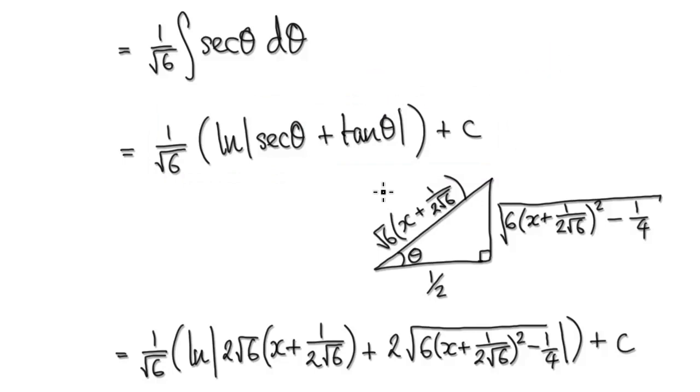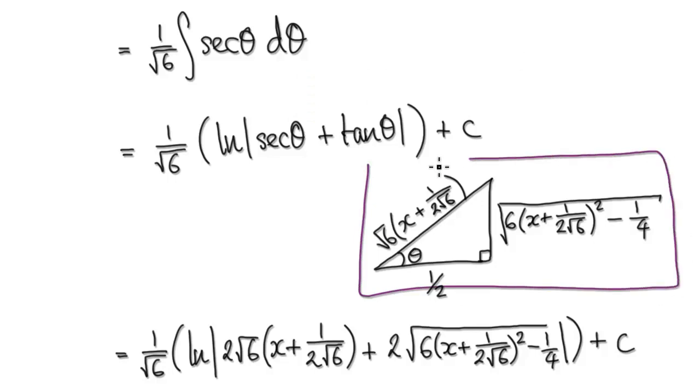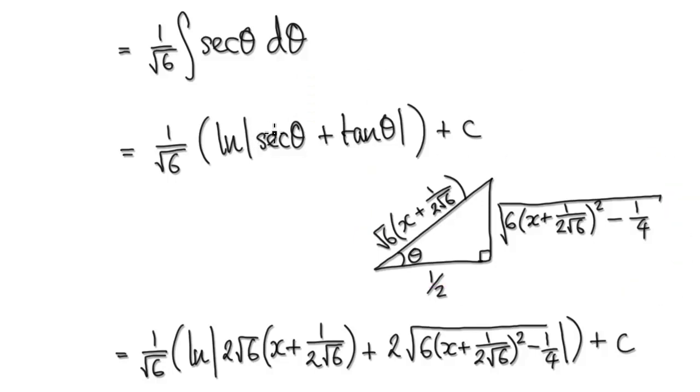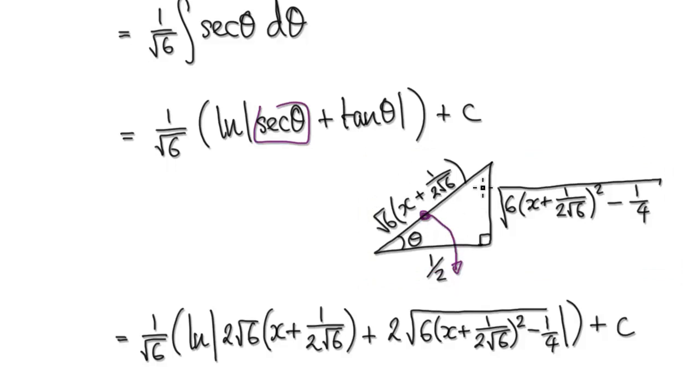So going back to our diagram earlier, secant theta is this thing here. This is secant here. So secant theta is hypotenuse divided by adjacent. So secant theta equals hypotenuse divided by this.